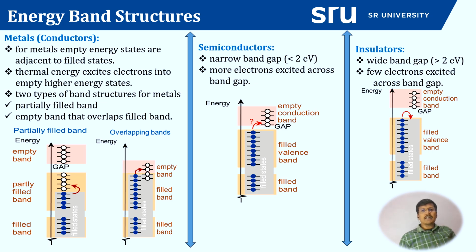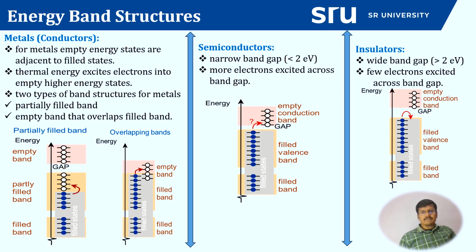Two important bands are the valency band and the conduction band. The valency band contains electrons involved in bonding. The conduction band contains electrons that are free to move and contribute to electric conduction. The separation between these two is called the energy band gap or forbidden energy gap in solid materials.